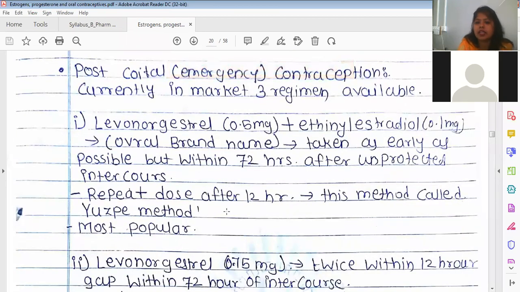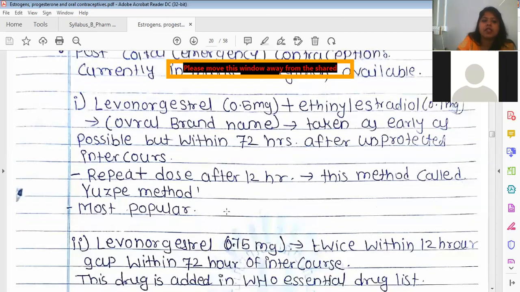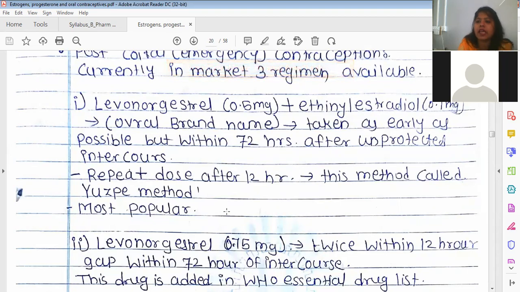These tablets mostly contain levonorgestrel with an ethinyl derivative. If taken within 72 hours, it will protect from bearing the pregnancy. Clear? The repeat dose after 12 hours is called the UPS method, and these types of contraceptives are more popular, but these have 100% reported cancer.